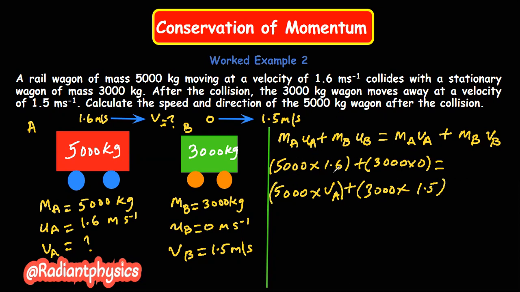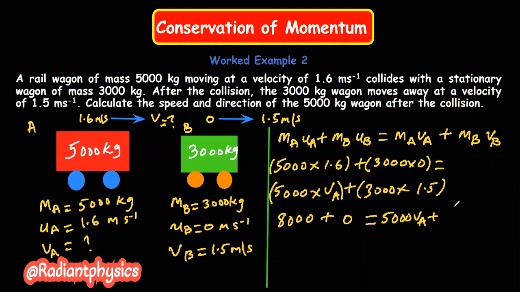So 5,000 times 1.6, let's quickly confirm this by using calculator. Okay, so we have 8,000 here. And then plus 3,000 times 0, definitely 0. So equal to 5,000 VA plus 3,000 times 1.5.